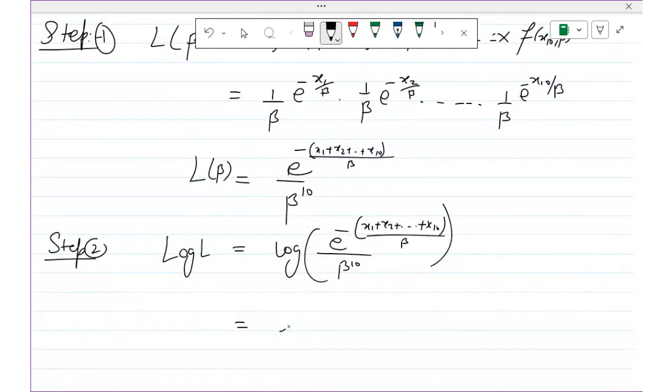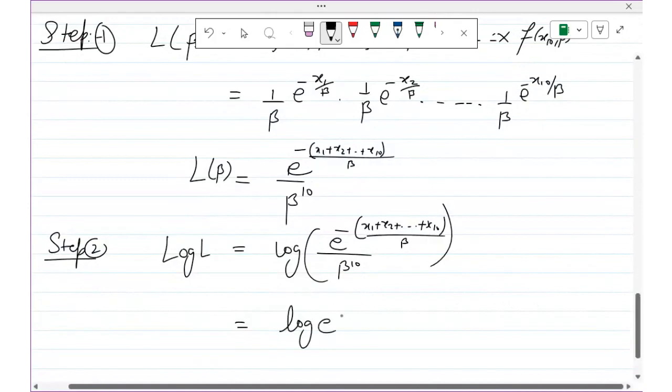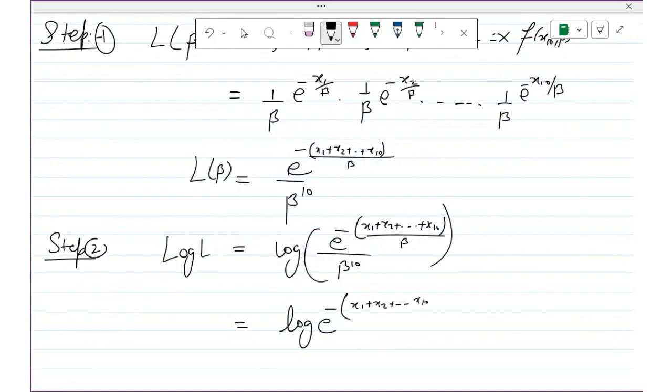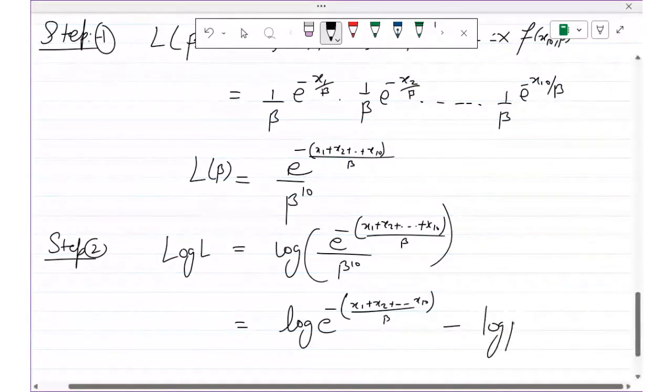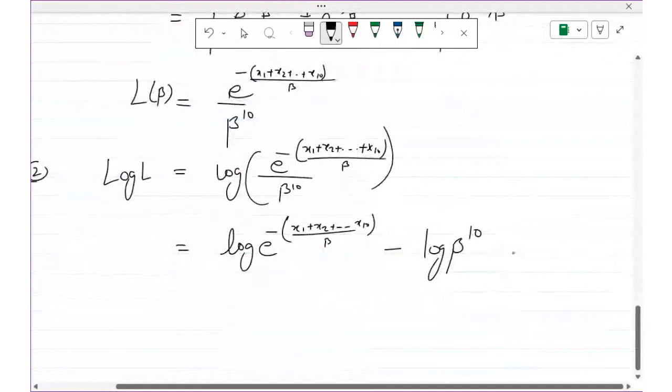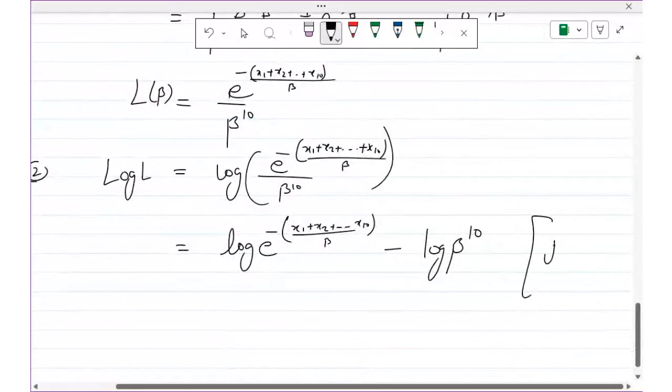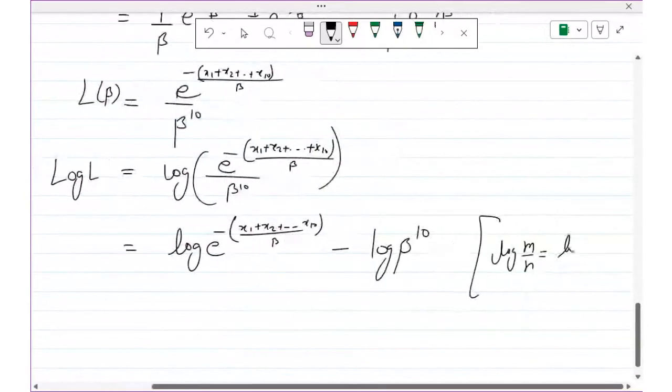So log of e power minus (x1 plus x2 plus up to x10) divided by beta, minus log of beta raised to power 10. Okay. So which property have I used here? I have used the property log of m divided by n is log m minus log n.